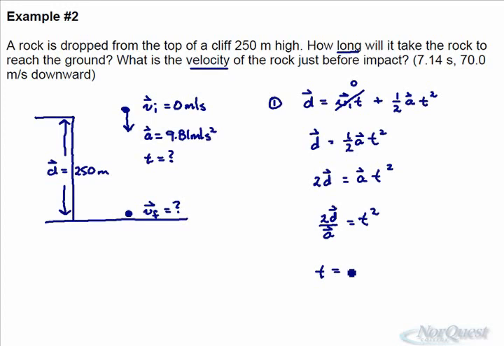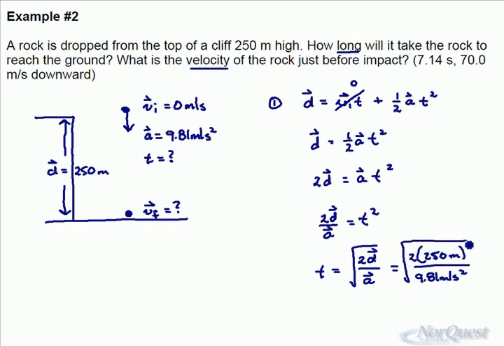So the time is going to be 2 times the distance divided by the acceleration, take the square root. Let's put our numbers in. 2 times 250 meters divided by 9.81 meters per second squared. We're going to take the square root of that.